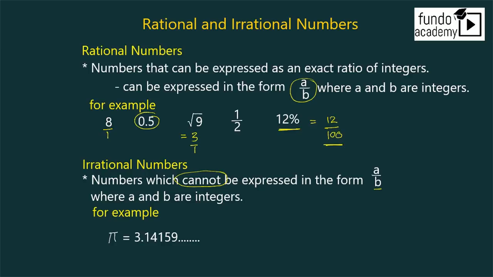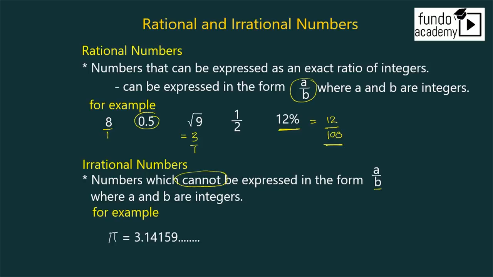So we call this an irrational number. We cannot express it as an exact ratio or in the form a over b, where a and b are integers. So pi is an example of an irrational number, right?